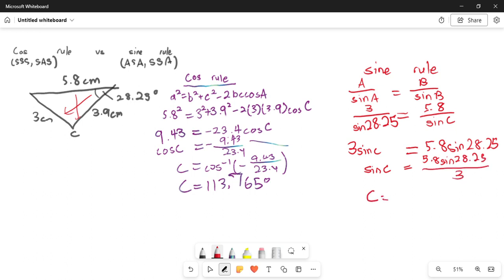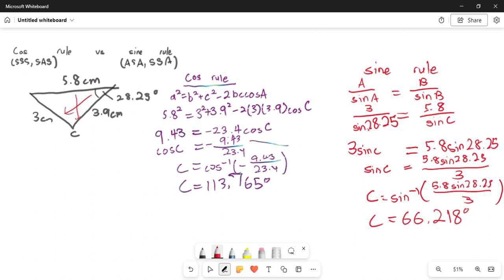Then C is equal to the inverse of sine of 5.8 sine 28.25 over 3. Again, you can punch it in the calculator. And for this, you'll be curious though, you will get 66.218 degrees.